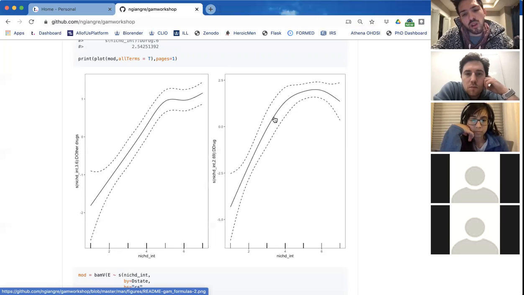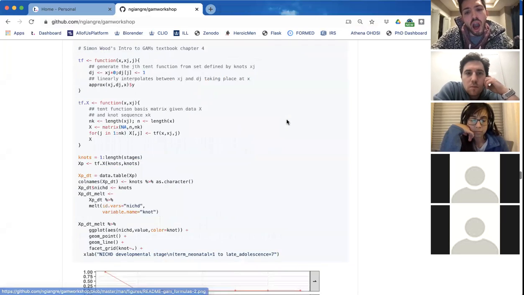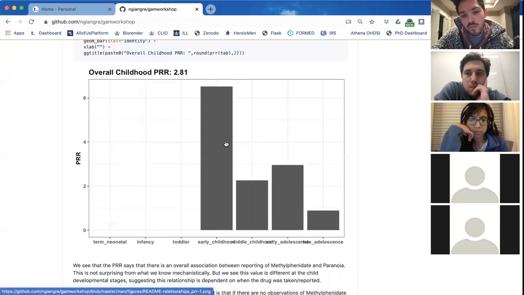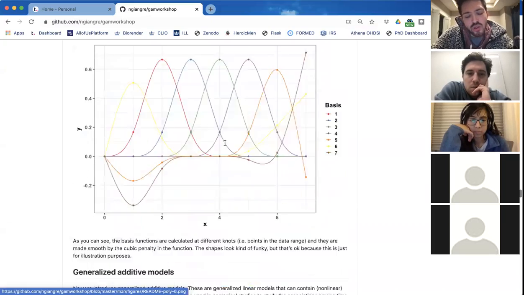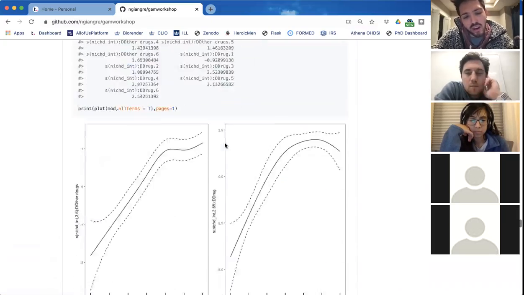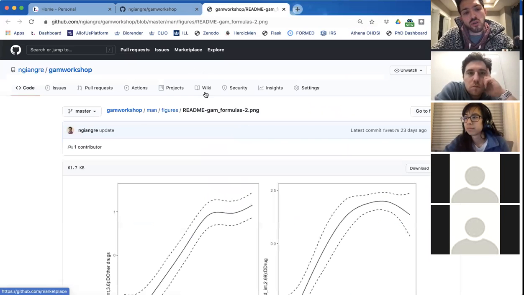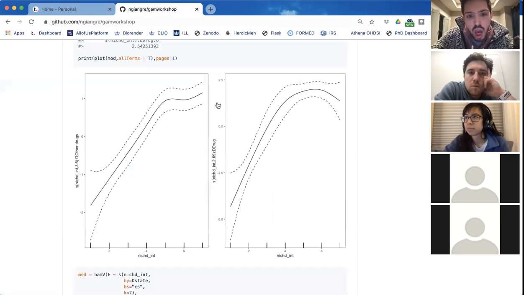And that's a good relationship with the higher PRR we saw here. So that's a good indicator. And the y value means, well, no, the y is not probability, it's the odds. No, there's two, a ratio to avoid higher odds of paranoia with the drug here.